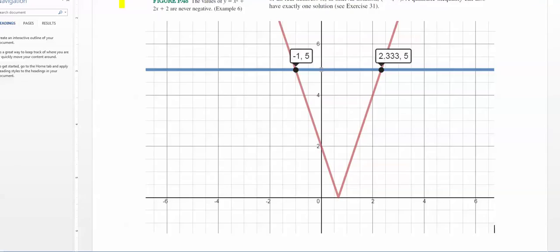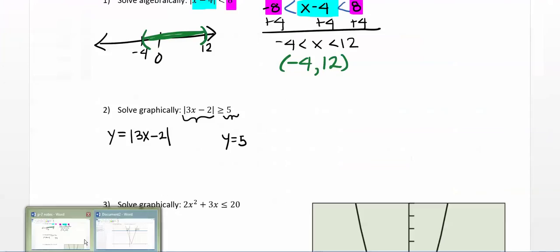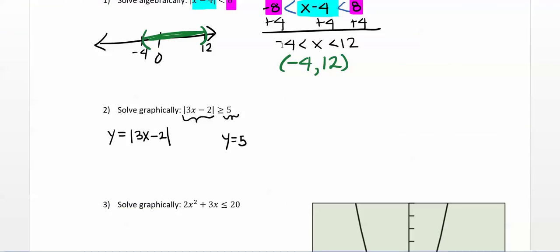So the problem had us wanting to know when it was greater than or equal to. So if we look back at our problem, we're looking at when this one is greater than or equal to the 5. Okay, so let's look at that picture again.